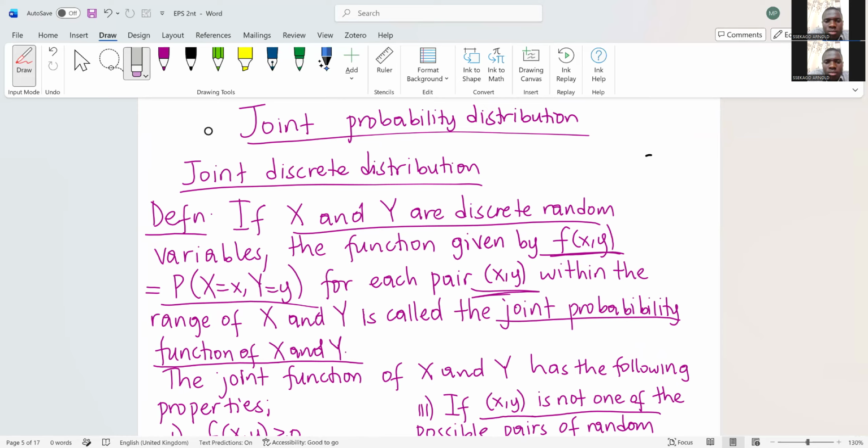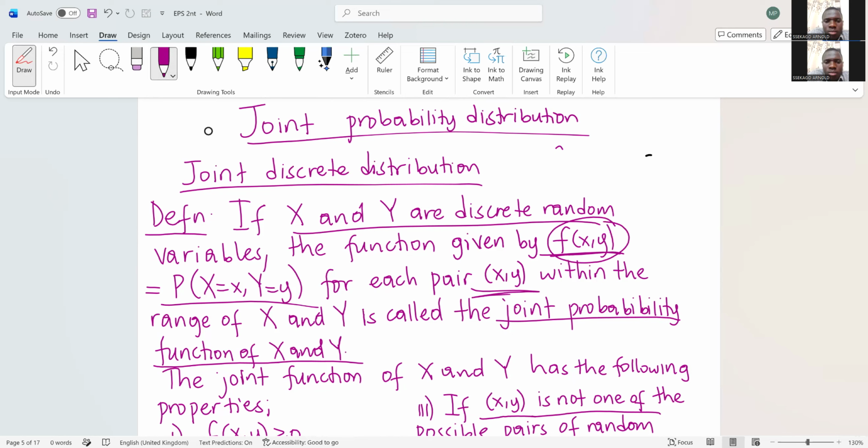Now here, for the joint probability distribution, we have joint discrete and joint continuous. Just as the name sounds, joint, we consider two random variables jointly. X and Y are jointly distributed. That's why we do not have f of x, but we have f of xy. And f of xy, how is it defined?